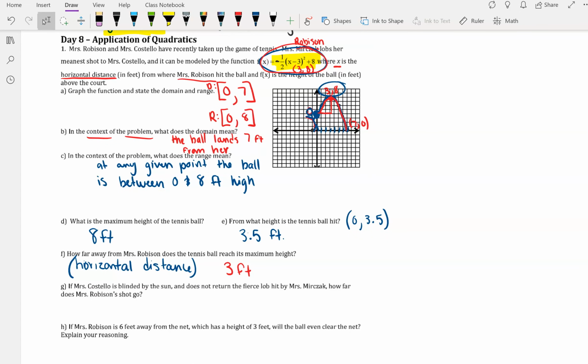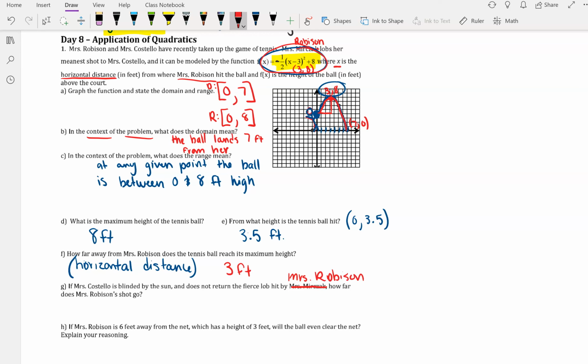If Mrs. Costello is blinded by the sun and does not return the fierce lob hit by, dang it, I have another typo. Here, I thought I did such a good job of fixing the notes, and I did not. So this is supposed to be Mrs. Robison.